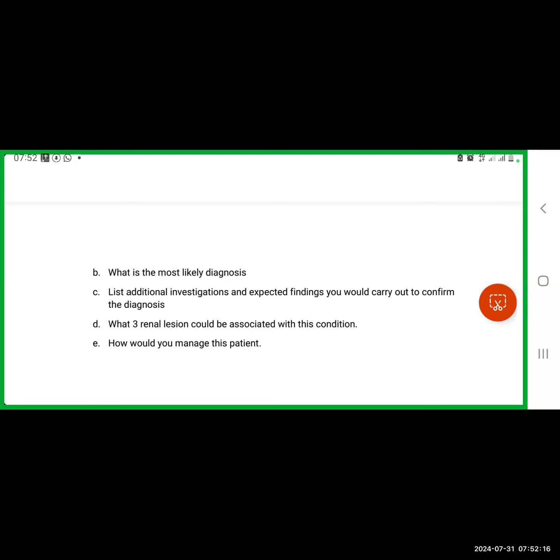So to prevent complications, this patient will benefit from the pneumococcal vaccine because we said they are at risk of post-streptococcal glomerulonephritis. So this patient will benefit from a vaccine to prevent such infection, and then DVT prophylaxis. Then to treat the complications, we realized that this patient was anemic, so this patient will benefit from packed cells, and we noticed that the platelet level was reduced.